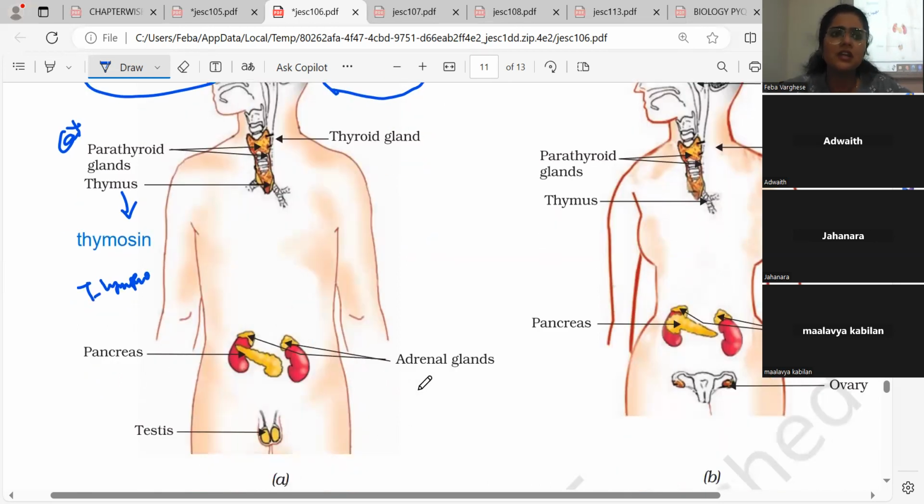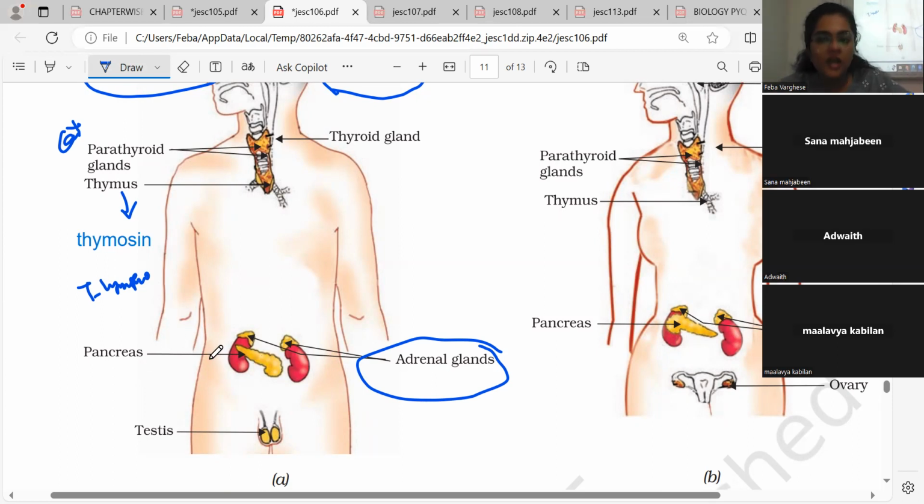Now, about the adrenal glands, what is the secretion of adrenal glands? Say quickly. Adrenaline. Adrenaline is otherwise called the fight or flight hormone. Okay, it helps in fighting or flying away from a scary situation or some kind of dangerous situation. Okay, now what about pancreas? A leaf-shaped gland, pancreas. What all are the secretions of pancreas? Insulin and glucagon.